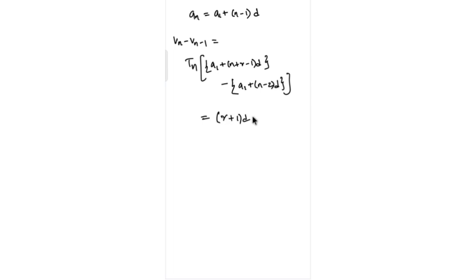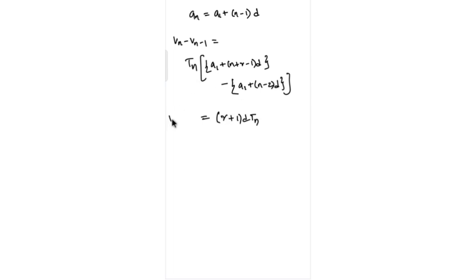So from the equation, Vn minus Vn minus 1 is equal to, I am just writing it down, Tn bracket a1 plus n plus r minus 1 into d minus a1 plus n minus 2 into d, and you can just cancel these terms: a1 gets cancelled, nd gets cancelled, rd will be left, and minus d and plus 2d, which is equal to plus 1d. So you will be left with r plus 1 into d into Tn.